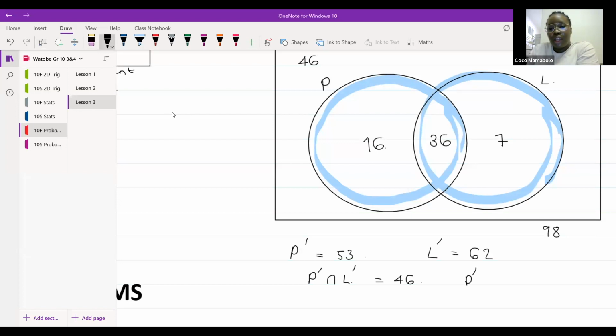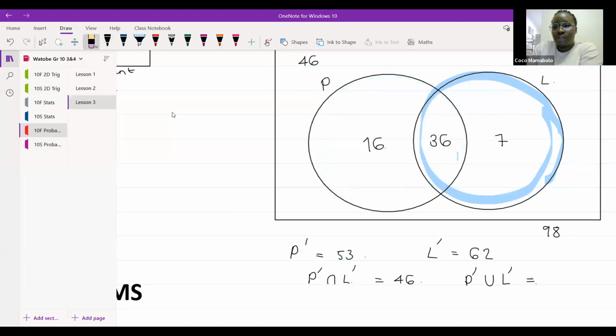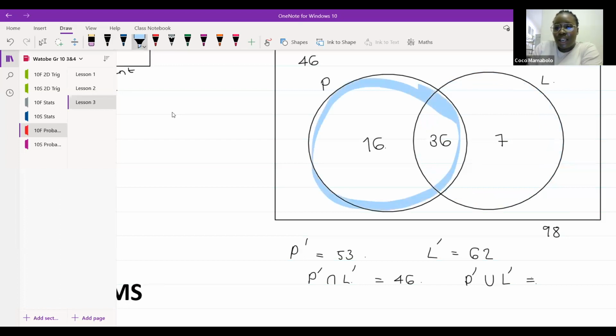Let's talk about the complement of physics union with complement of life science. Let's go look for the complement of physics, which is this part, right?